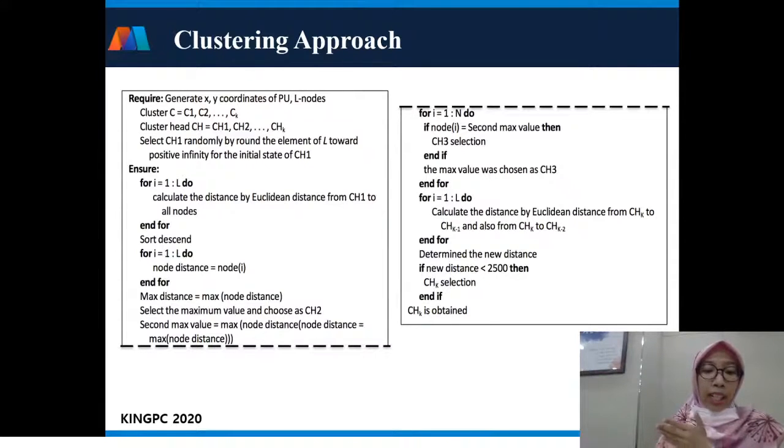Among them, we select the maximum value and choose it as the second cluster head. For the next clusters, we take the next maximum value and calculate the distance from the cluster heads to the other nodes. This is repeated for the selection of K cluster heads.